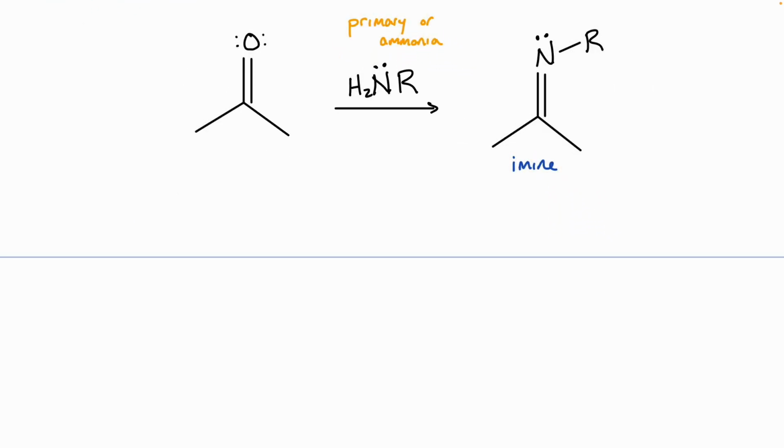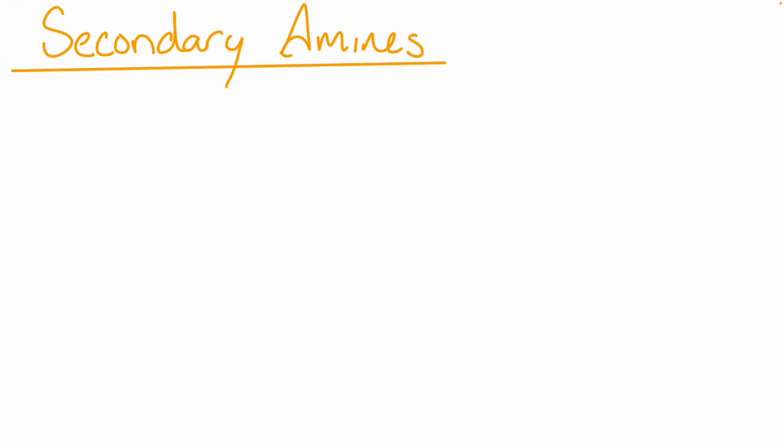All right, cool. And we're going to distinguish this between what happens for secondary amines. All right, and amines are kind of weird in our classification system because that nitrogen can have up to 3 bonds. So by a secondary amine, we don't mean that the nitrogen is bound to a secondary carbon.